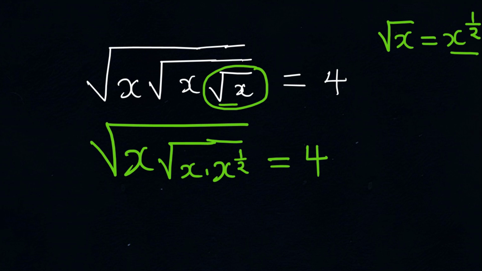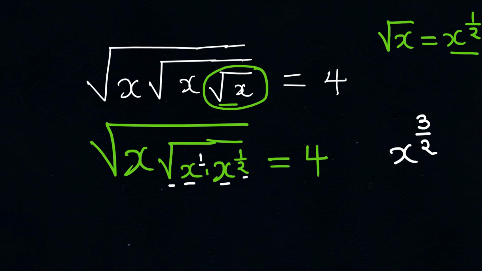So in the end, within this square root, we have established the same bases. So if we are multiplying the same bases, we add their exponents. So we are going to say 1 plus 1 over 2. And if you work it out, it is going to give you 3 over 2.